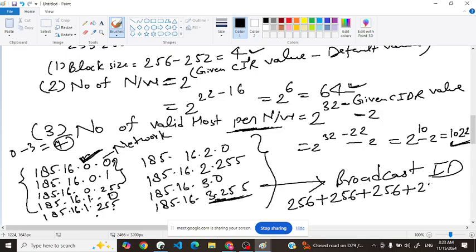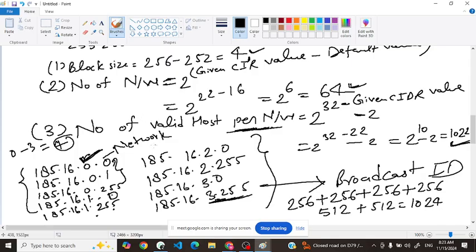Same, 256. So 256 multiplied by 4. Am I saying right? Yes. 512 plus 512, so it will be equal to 1024.